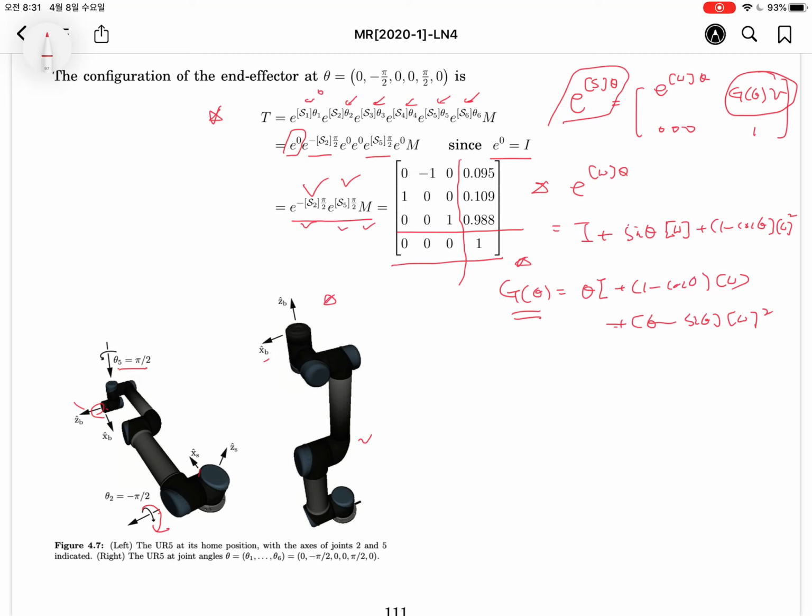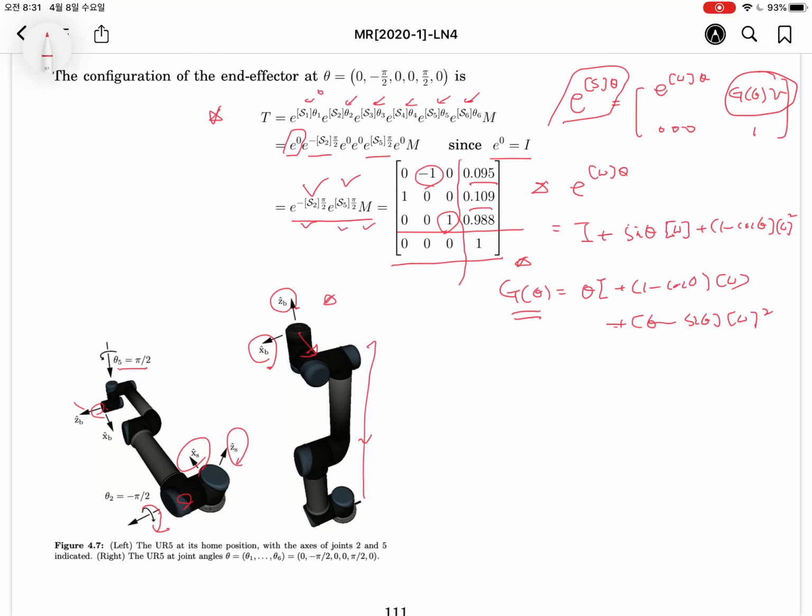Let's lay it out. Okay, the x-axis is aligned to plus y. Okay, the y-axis is aligned to minus x. So we have this one. The z-axis will be aligned to the same z. So we have this one.